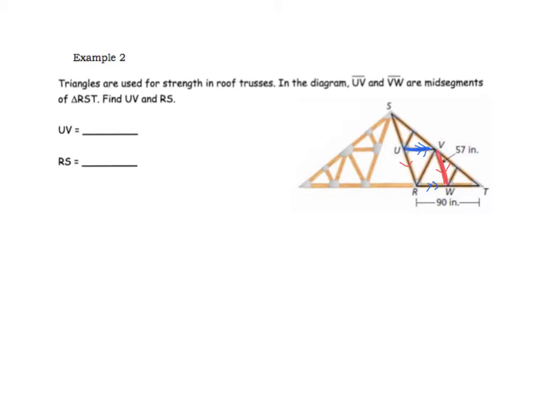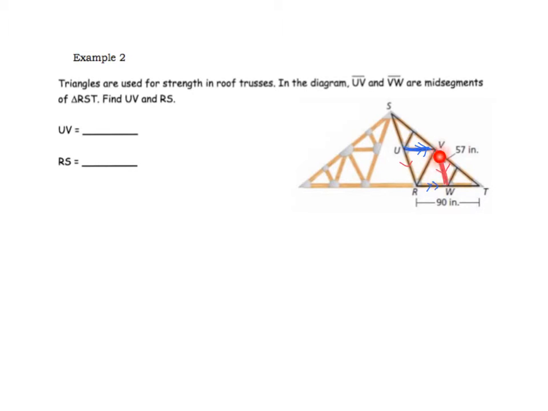Example 2. Triangles are used for strength in roof trusses. In the diagram, we have UV and VW. Notice UV I did in blue, VW is in red, and they are midsegments of triangle RST. Find UV and RS.